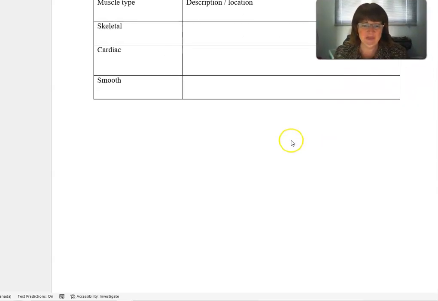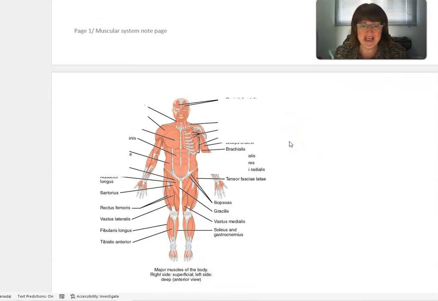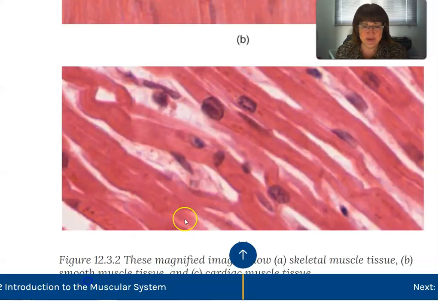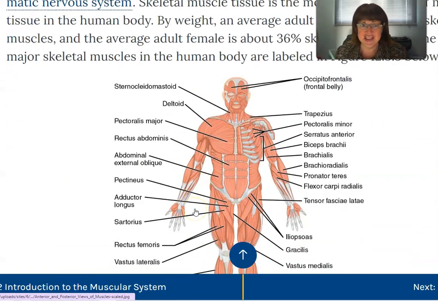Then the next thing we are looking at in this unit is all the names of the muscles. Basically, if it is in the textbook on these pages, it is testable. So go through and look at them. The way to help learn how muscles are named is based on a couple of things.